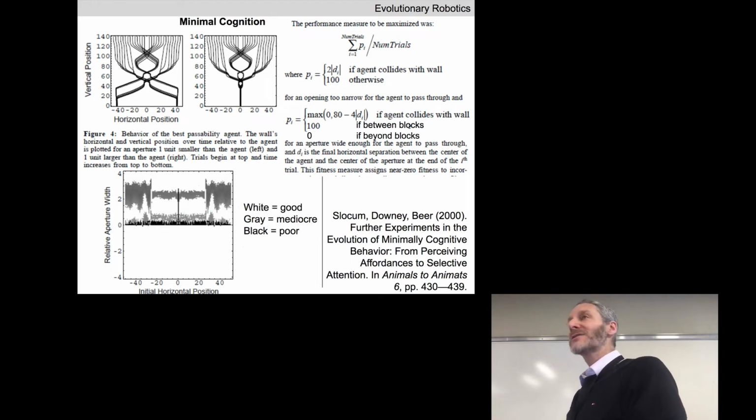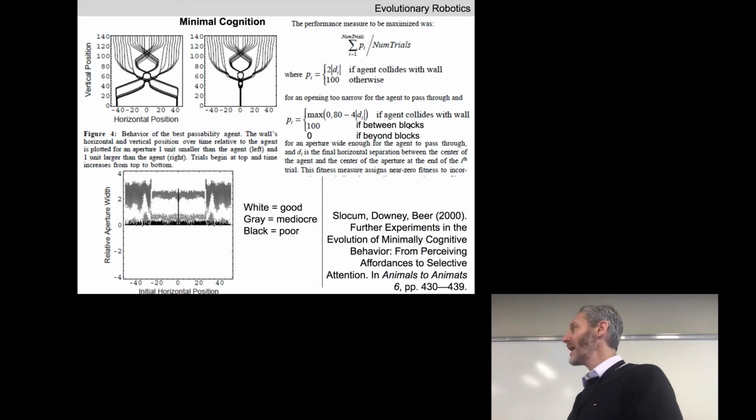Now the vertical axis is going to represent, for the dropped pair of objects, what was the relative aperture width. So a relative aperture width of 0 means the aperture width was equal to the width of the robot. It was just, or maybe just passable if the robot is infinitely performant or capable.